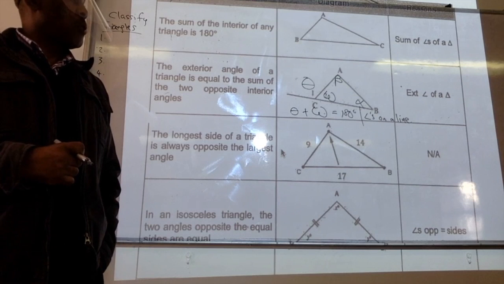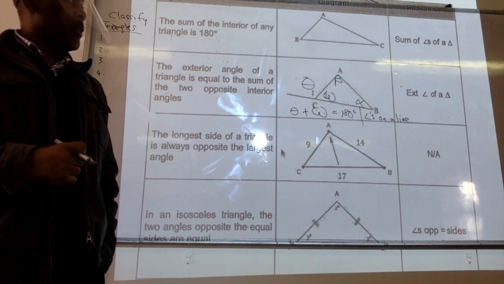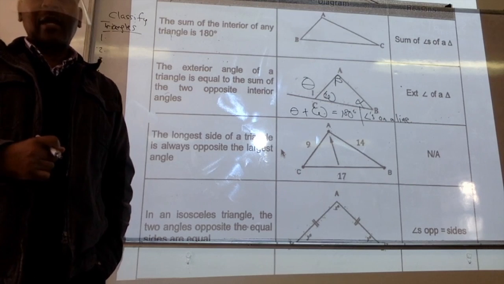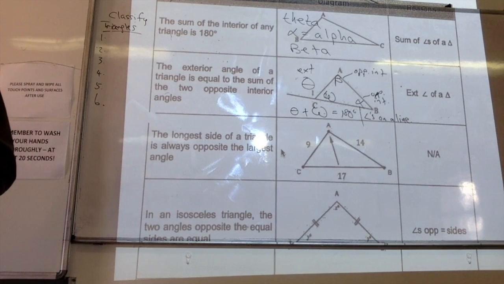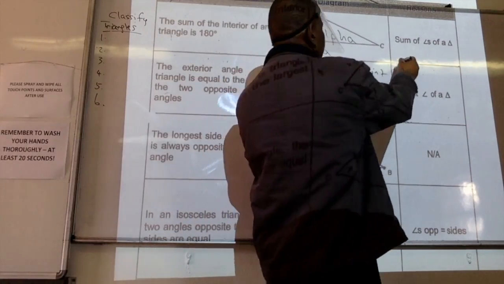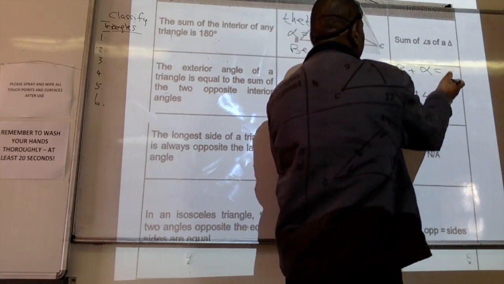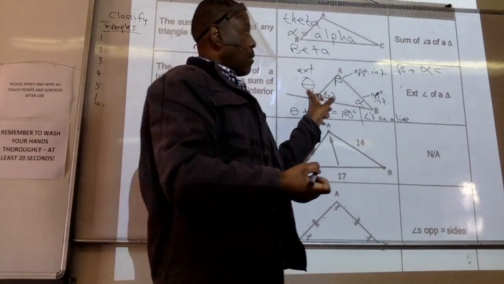Right, now I want you to give me an equation connecting theta, beta, and alpha, and give me a reason for that. Beta plus alpha equals theta. So angle beta plus angle alpha, these two added together should give us the same value as theta.